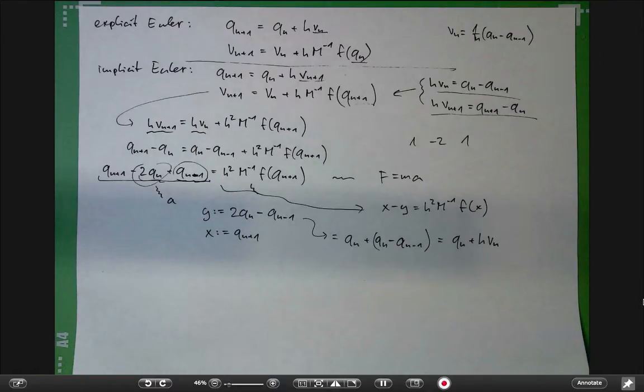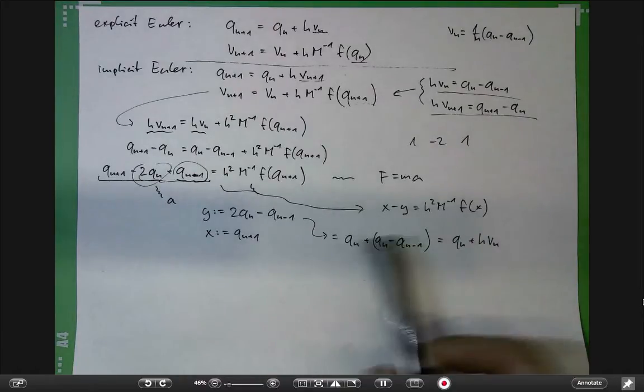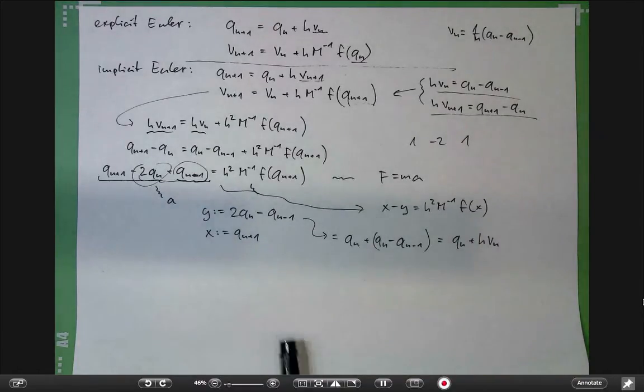If I have a space shuttle somewhere far away from all gravity, and it has some velocity, it's going to be moving with this velocity forever, right? And that's exactly it. If we don't have any external forces, this is an absolutely perfect simulation, right?